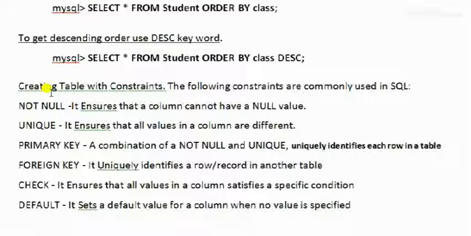Earlier we saw how to create a simple table, a simple command we discussed. Now we will see how the various constraints can be applied to create a table. Not null constraint ensures that there would be no null value in that specific field.